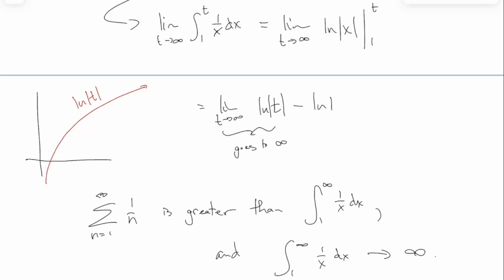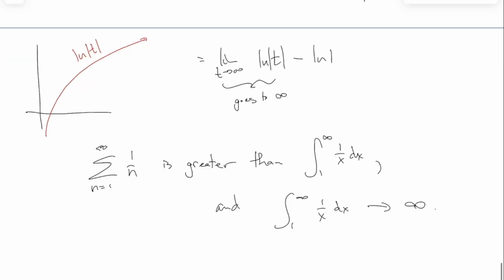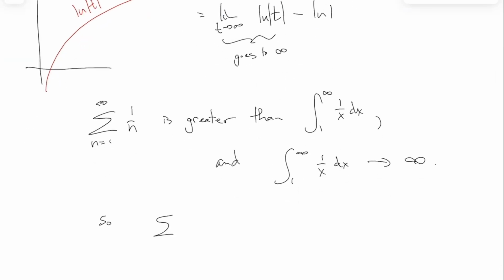That means the series itself also must go to infinity. If the series is bigger than the integral and the integral is actually infinite, then the series also must be infinite. So the original series, 1 over n, also diverges.